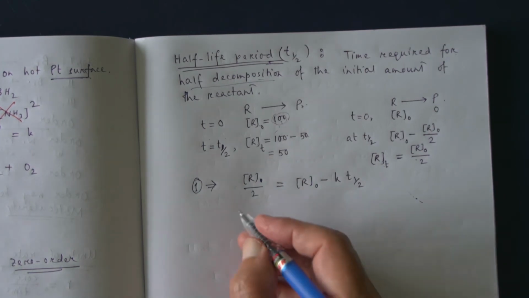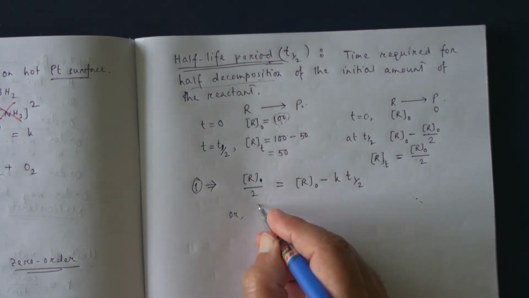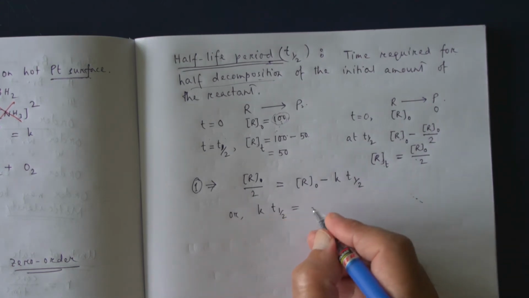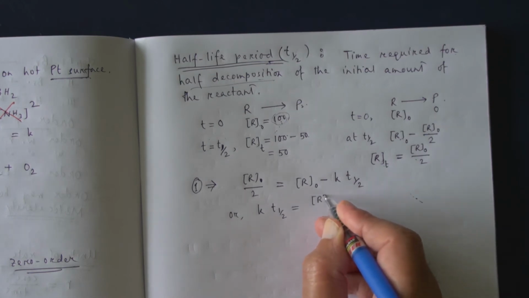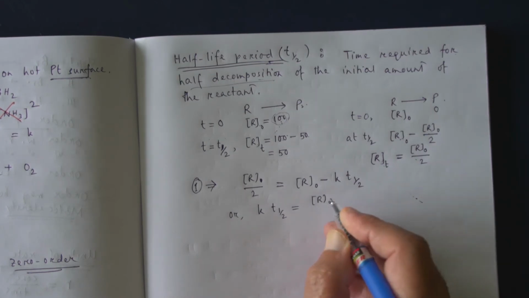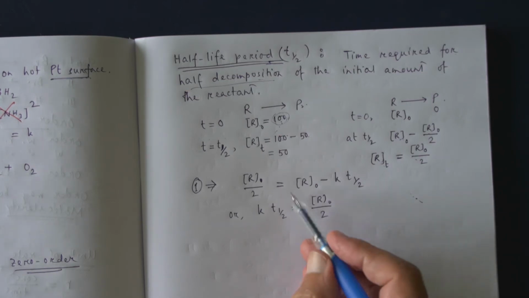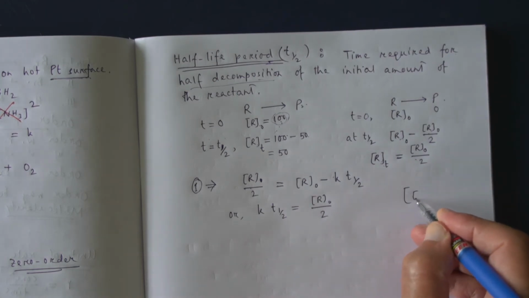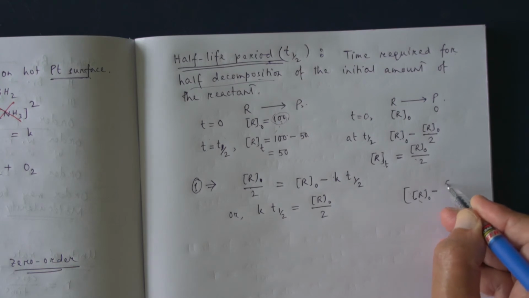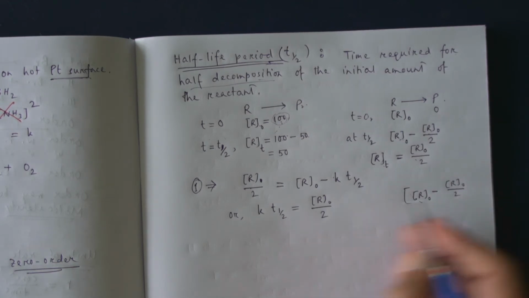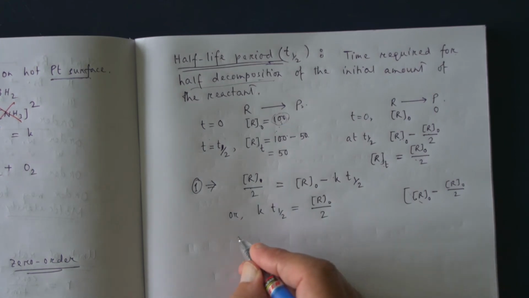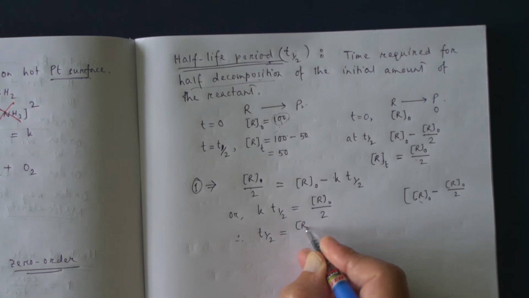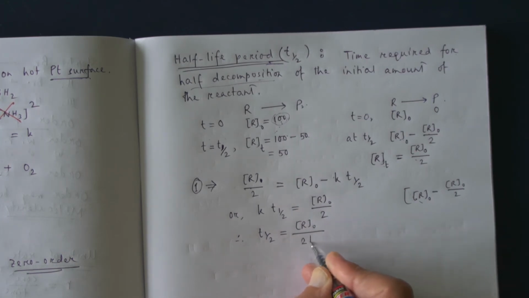Or K T half equal to R naught by 2, because this will come to the other side, R naught minus R naught by 2, so it will be this. Hence what is T half? Equal to R naught by 2K.